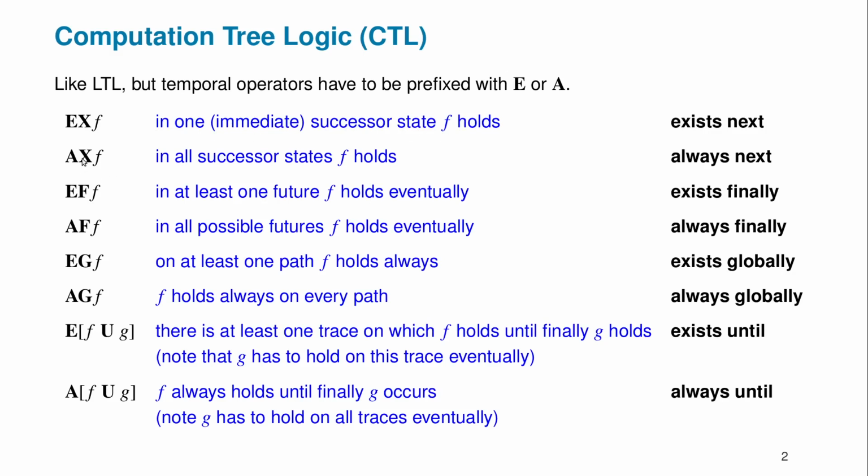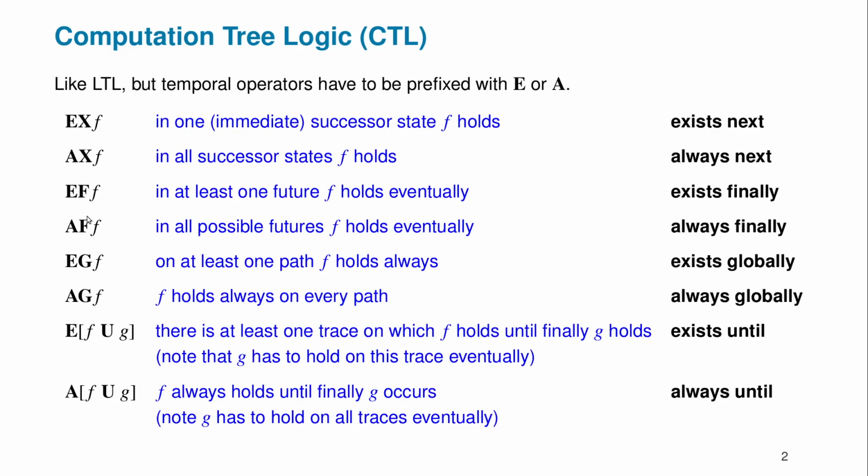And AX simply says that if we are now in a certain state, then in all successor states F has to hold. So we can now make statements about all successor states, or require that some property should hold in at least one successor state.